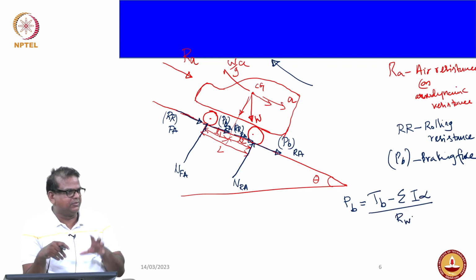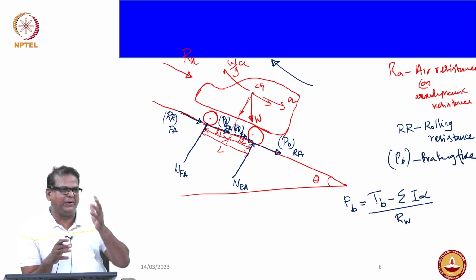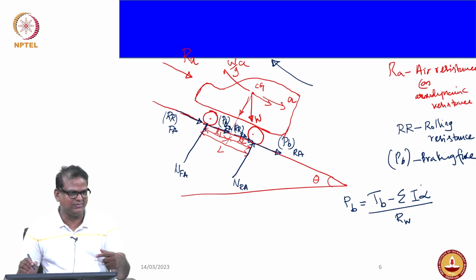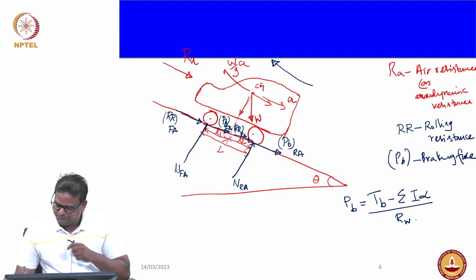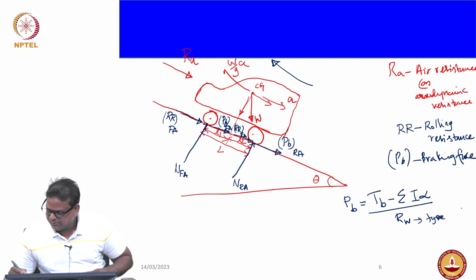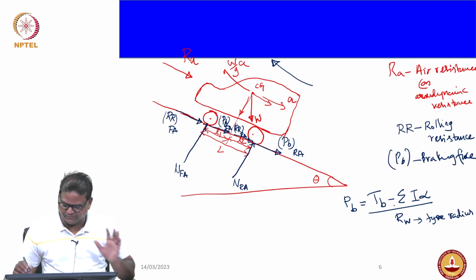The braking force is mainly related with your braking torque, and this summation is for rolling masses, whereas RW is the tire radius. I is the moment of inertia, alpha is the angular acceleration that is given.